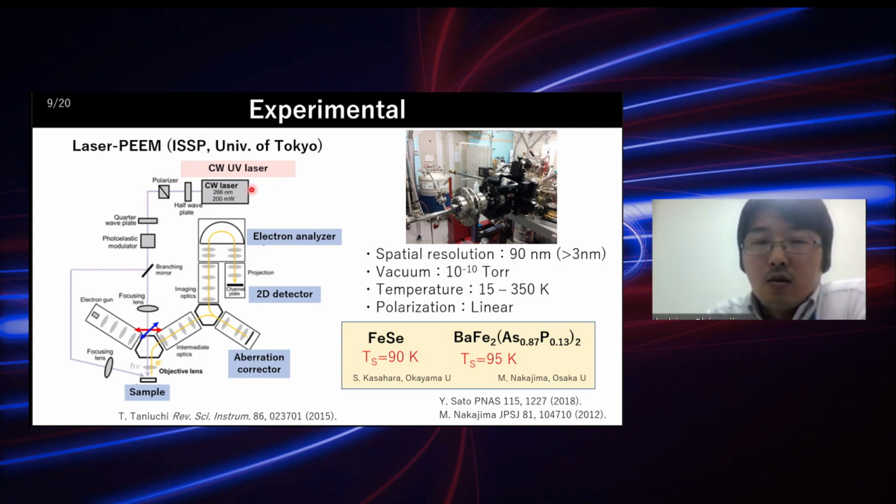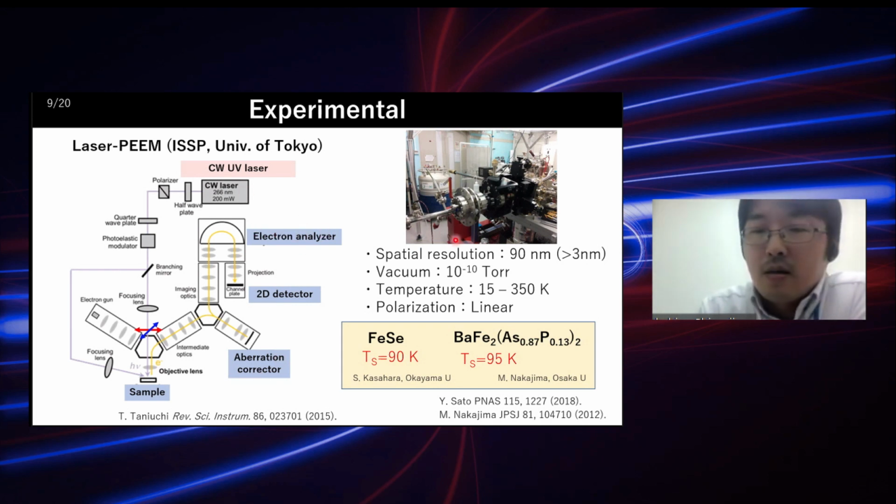We use a CW UV laser, and electrons come out from the samples. Then we detect the electrons in the two-dimensional detector through the aberration correctors and the electron analyzer.